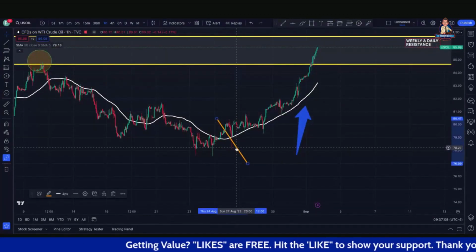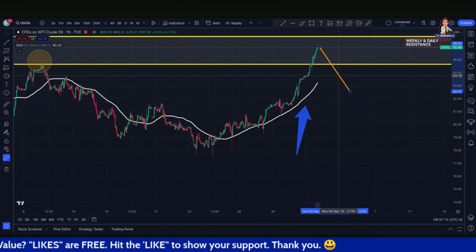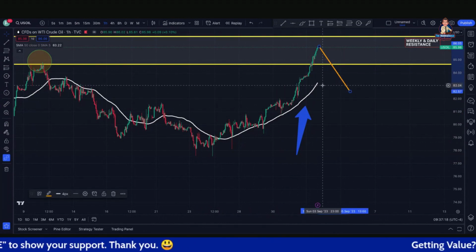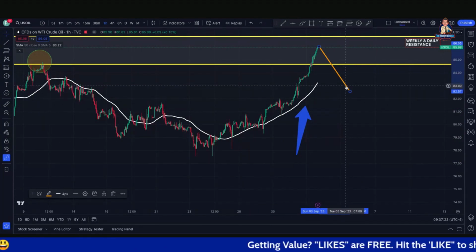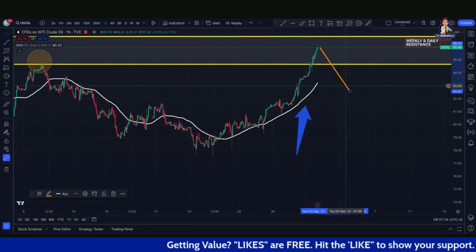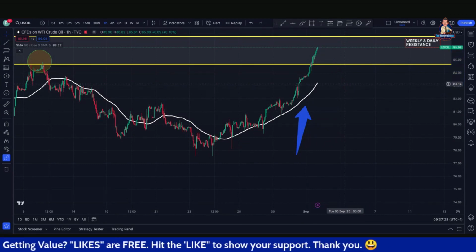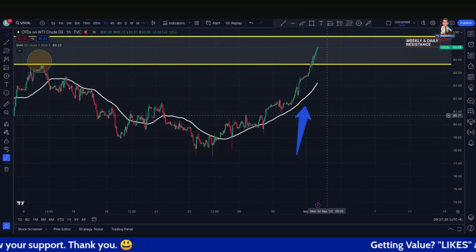Because if we look at that last big retracement, let's just say we take it from here, then we should see price coming back down towards this 50-day moving average. I would say around $83 would be a pretty safe bet if we begin that retracement process from here. So that's something I look at when I look at the levels of retracement, as now we are going to drop down into the 15-minute chart.